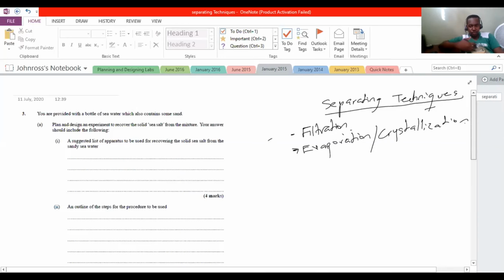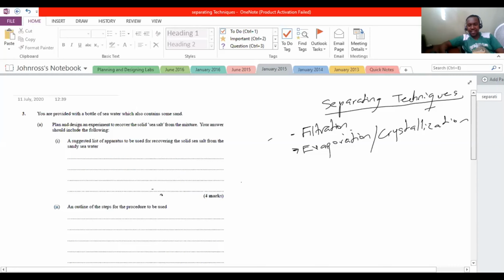All right, so we know the techniques, but we still need to drop down a little thing about each of these techniques. What do we know about filtration? It's used to separate a solid from a mixture. So it separates a solid from a mixture. An insoluble from a liquid. Yeah, let's go with that one. That one is better.